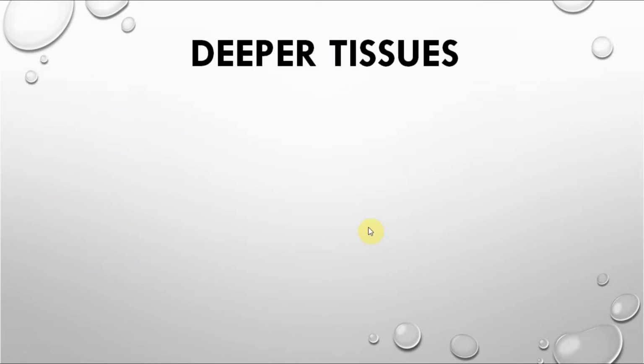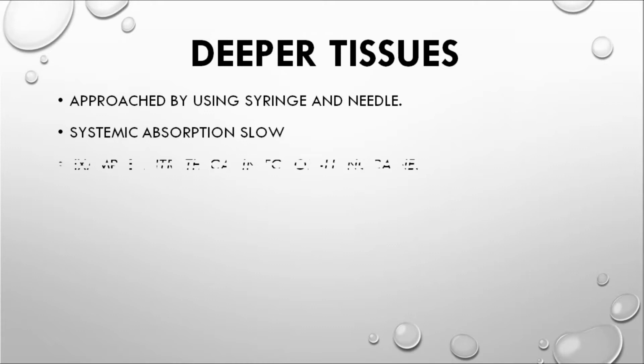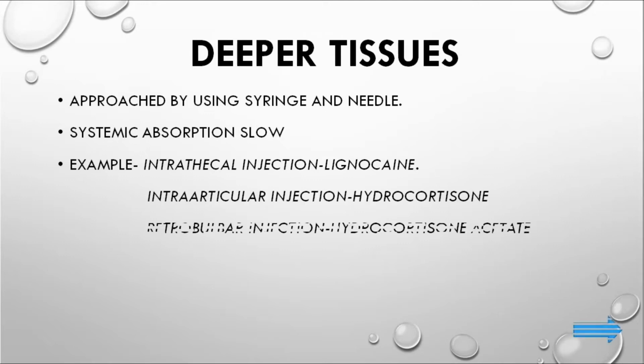Deep tissue, approached by using syringe and needle, slow systemic absorption. Example: intrathecal injection of lignocaine, which is a local anesthetic. Intra-articular and retrobulbar injection of hydrocortisone, that is a short-acting glucocorticoid.